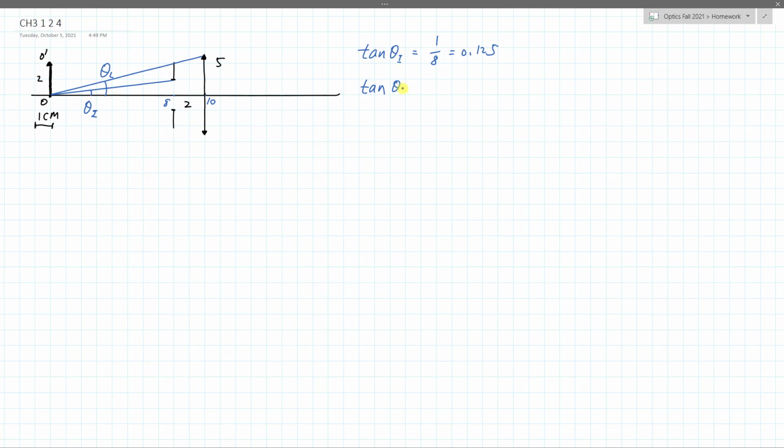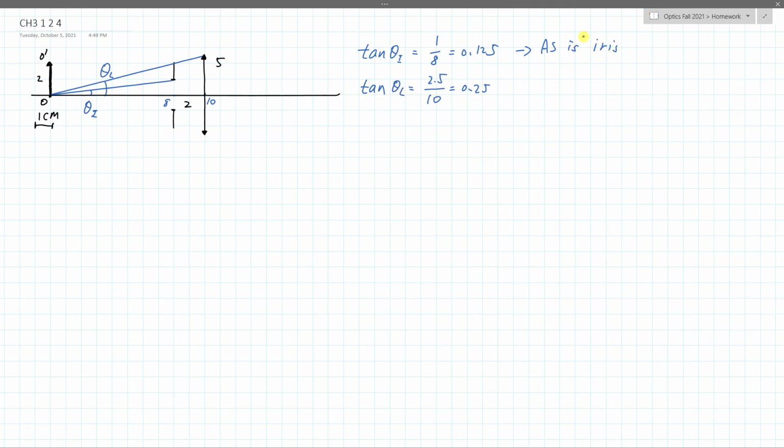So for theta of the lens, we have 2.5 as radius, and then 10. So 0.25. Apparently this is smaller, so that gives a more specific angle to the cone of light. So that determines that the aperture stop is the iris.